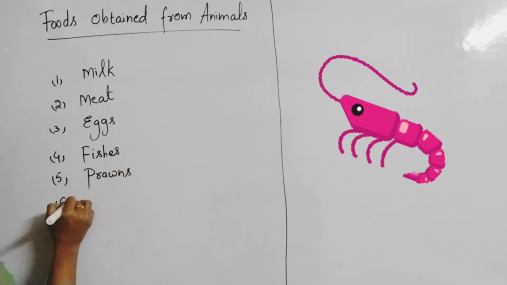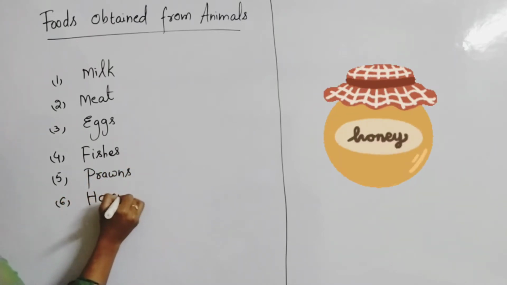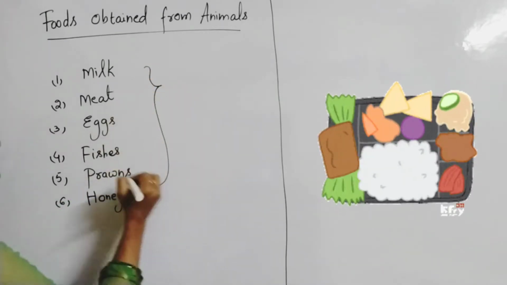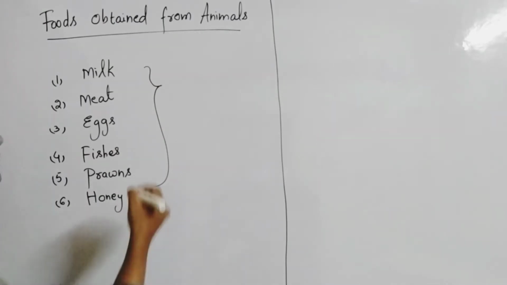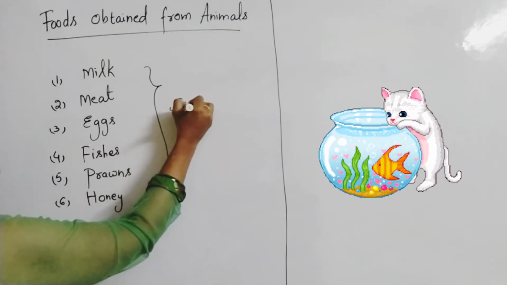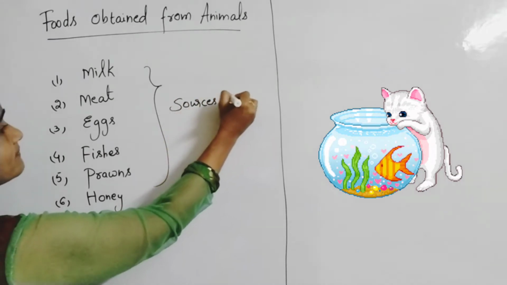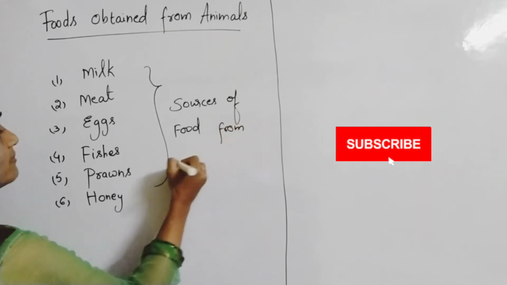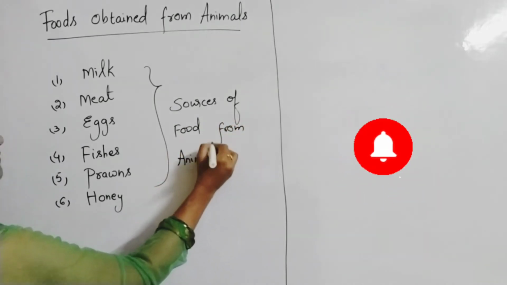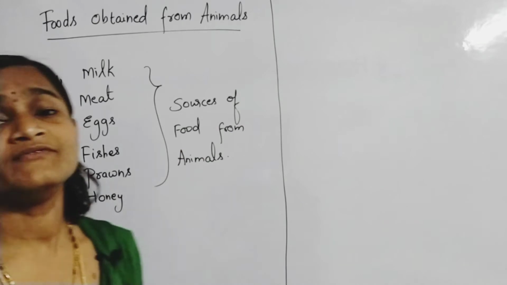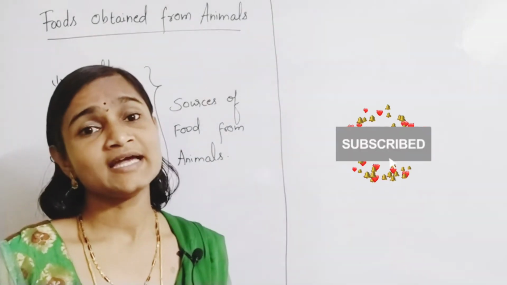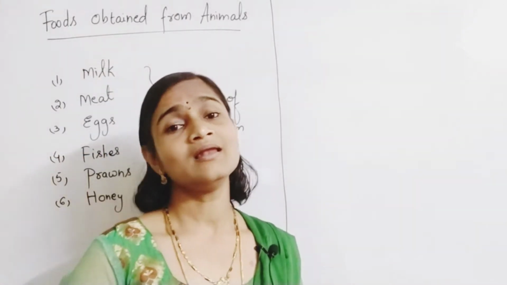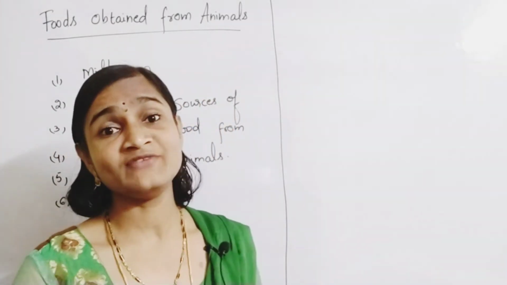And then we also get honey from honeybees. So these are the different types of foods obtained from animals. Today we are going to learn about these different types of foods obtained from animals.